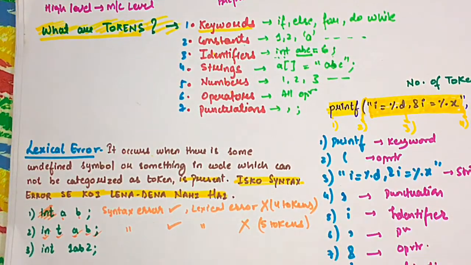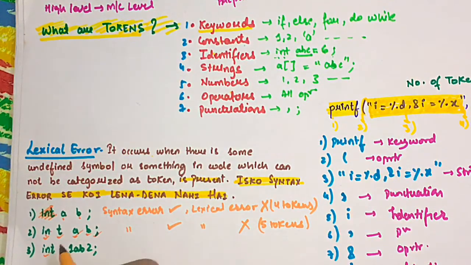Now the last one. There is no syntax error present in the last code, but there will be a lexical error. Why? Int will be identified as a keyword, no issue. But this is not an identifier. If you know the rules to declare an identifier, we cannot start the name of an identifier with a numerical value.